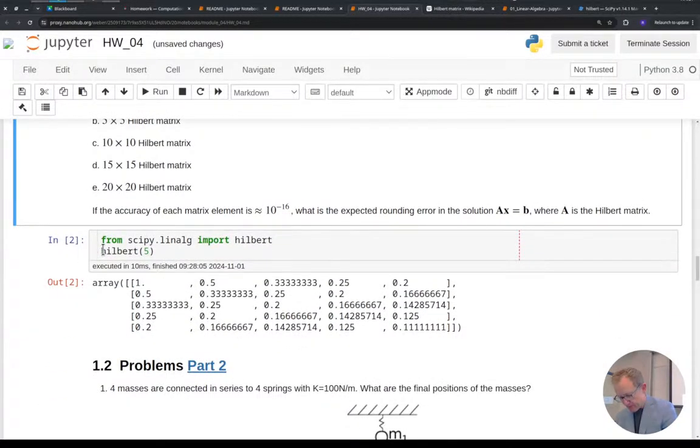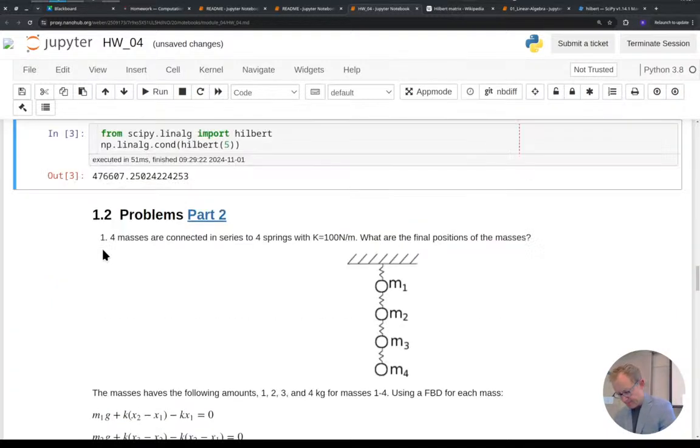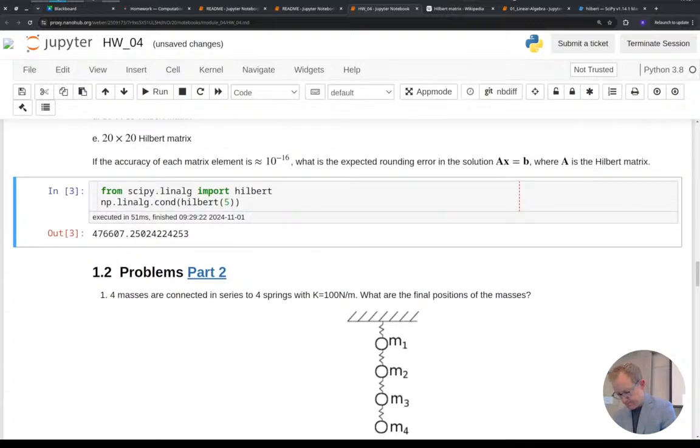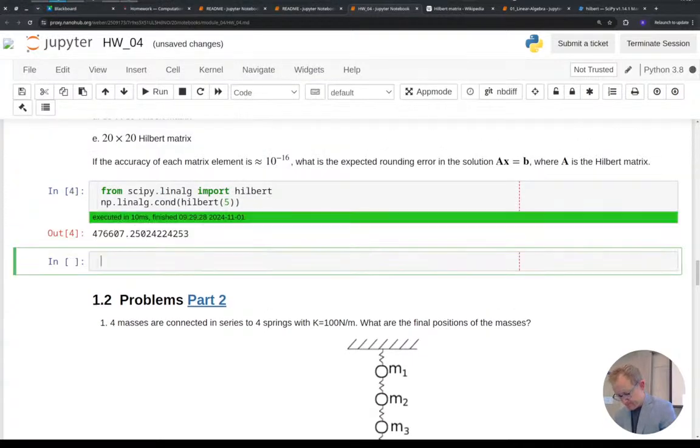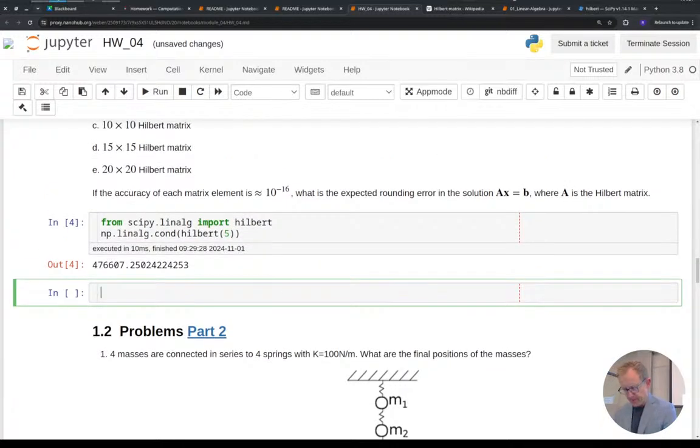But if I look at the condition number here, it starts off around 500,000, so not unsolvable, but not 1.